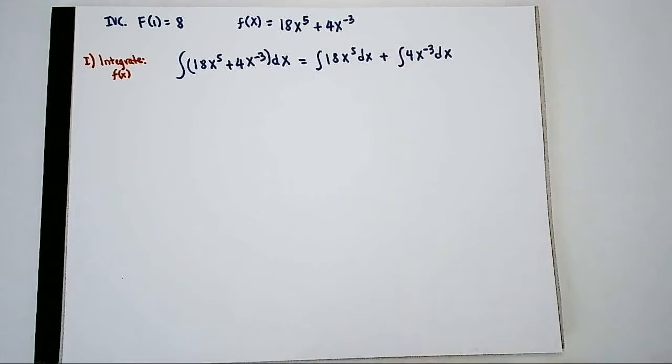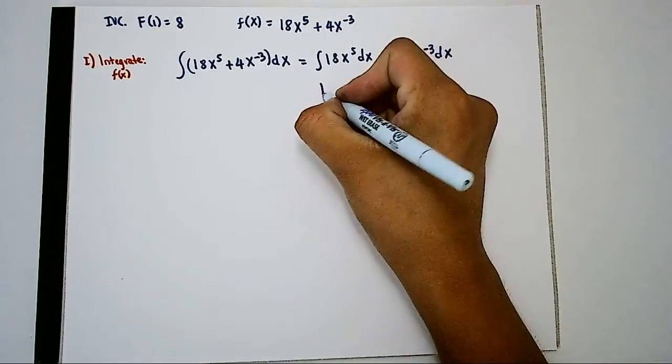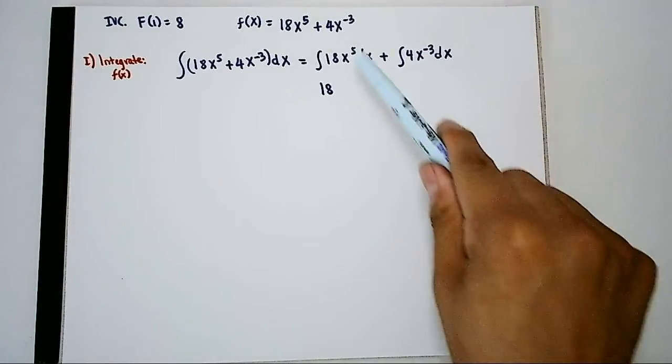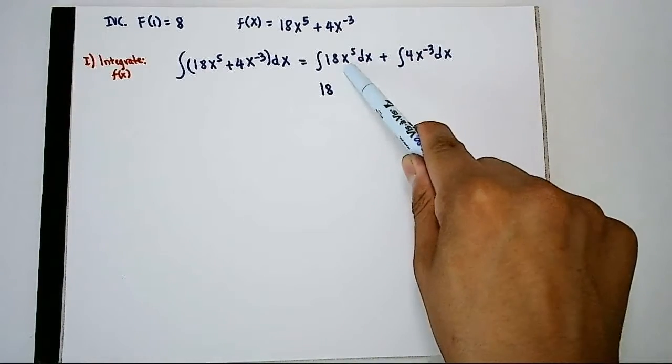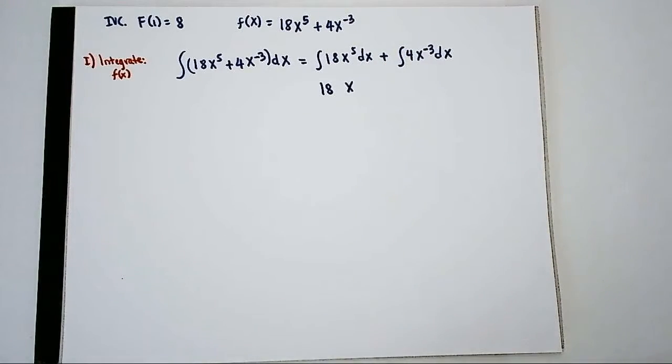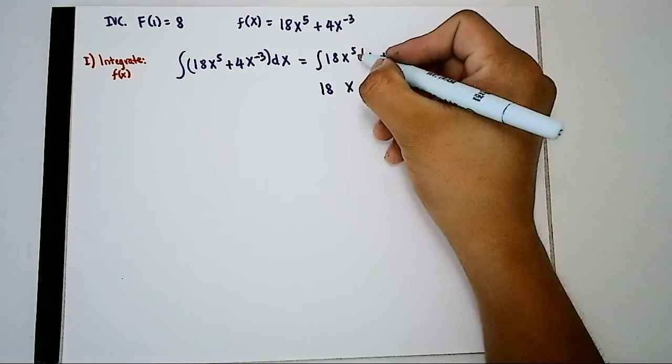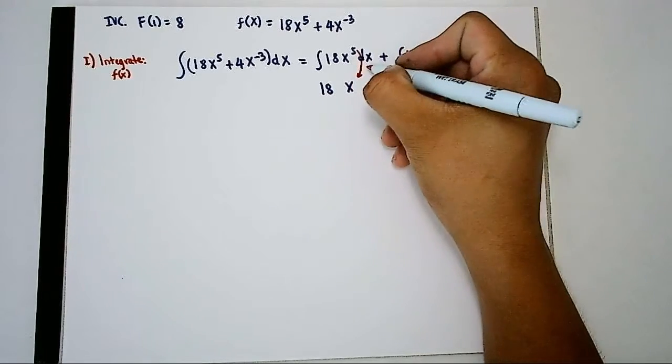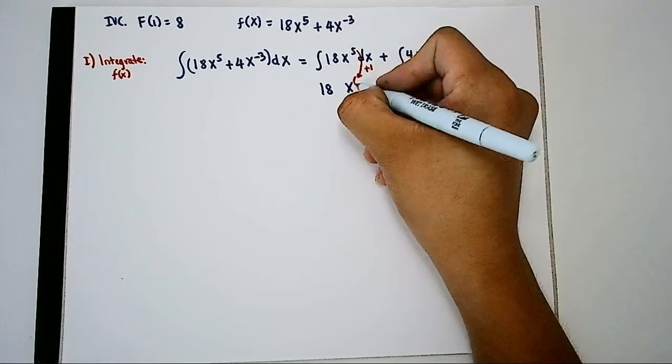Here the constant part is 18. The integral of the variable part, which is x to the 5, is x to the 5 plus 1, which is 6.